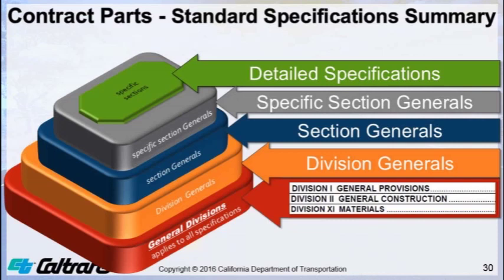The most important navigational change from the 2010 standard specifications to the 2015 standard specifications is the addition of the general division sections, with the exception of Division 8 miscellaneous construction and Division 9 traffic control devices.